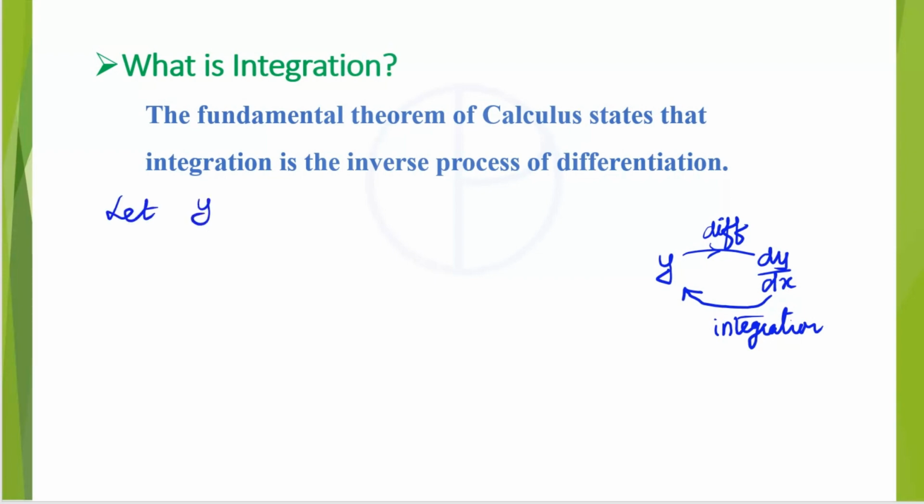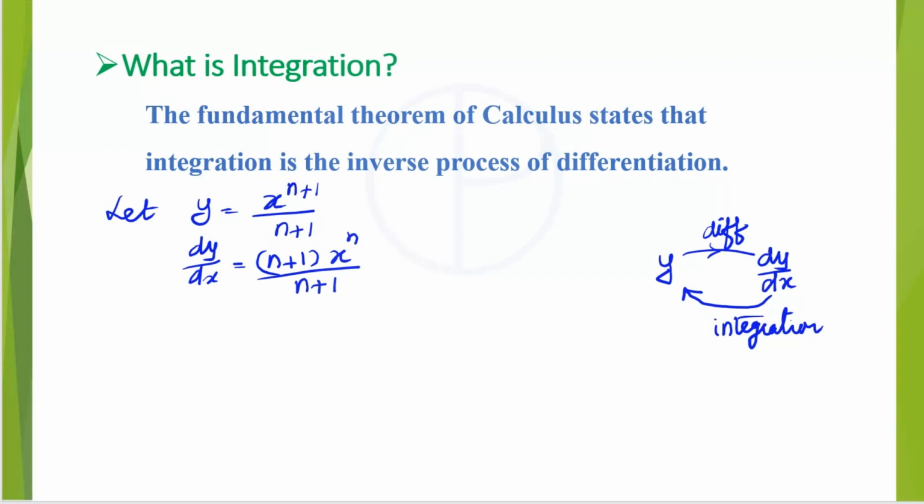Let us take y equal to x^(n+1) divided by n+1, where n is not equal to negative 1. Then what is dy/dx? dy/dx equals (n+1) multiplied by x^n divided by n+1. This n+1 and n+1 get cancelled.